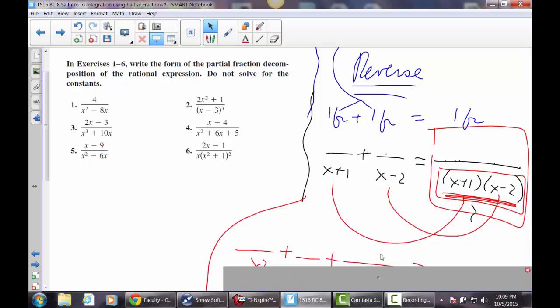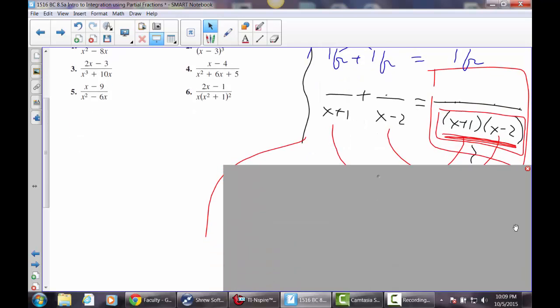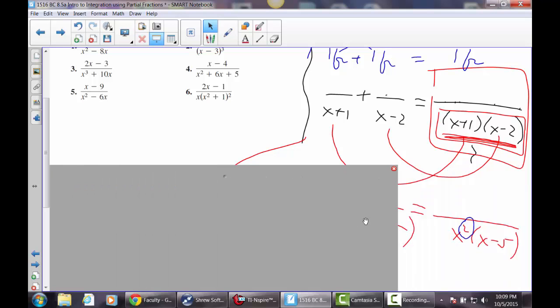Same idea right here, and I'm going to go in this direction because this is what we'll be doing. If you have a single fraction with a denominator of x squared times x minus 5, obviously we need a fraction with an x minus 5. Now you might think we only need a second fraction with x squared, but you have to think of all the different possibilities.